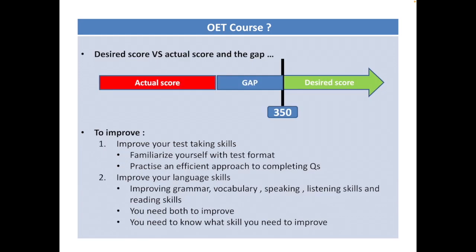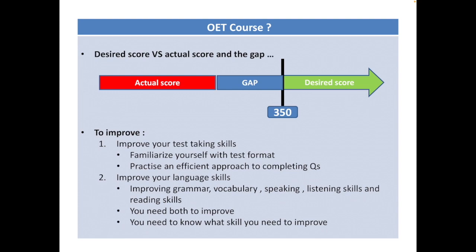So, when you start preparing for the OET test and start taking sample tests and mock tests, you can get the desired score from the beginning, which is good, or sometimes some candidates will have a lower score. And now we will have a gap between our actual score and the desired score.